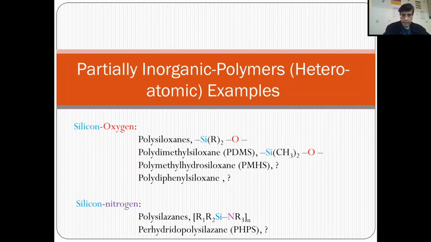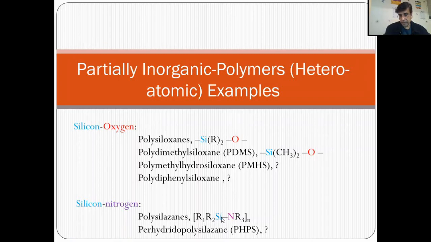Now moving on to the next one, the silicon nitrogen. Silicon nitrogen means the compound name is called polysilazane. Sil means silicon, and az is used for nitrogen, so polysilazane. This is the R, this one goes here, R1 means first R, and this second R goes here, and the third valency of silicon will go this way, the continuation of the chain.